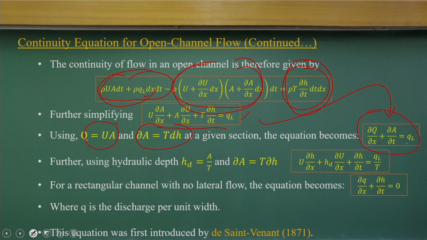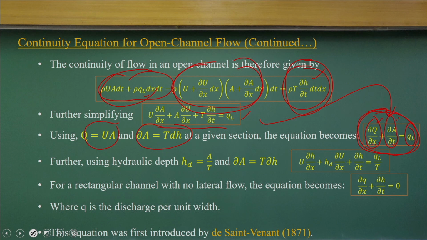equal to QL. Remember it is a mass conservation equation, but when you write it in partial differential equation form, it is in terms of the Q gradient in the x direction and the A variation, equal to QL.